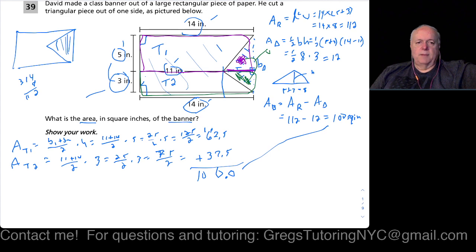Let's make it brown. We could have dropped the line here across this completely. Gotten the area of this whole thing right here, okay, and then added this triangle and this triangle. All right, so that would have been another way to do it as well.